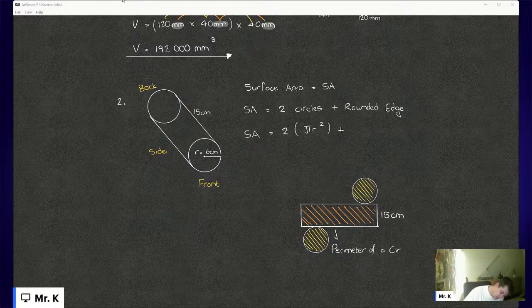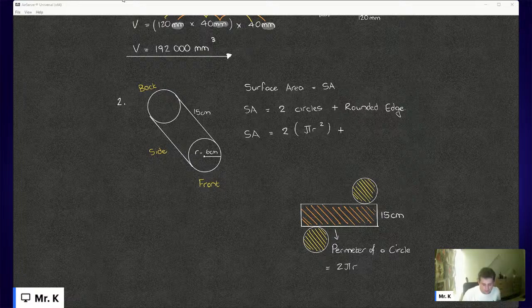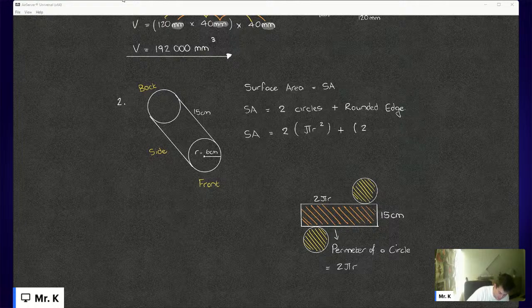So sometimes it might be helpful for you guys to draw out the net of the shape, okay? When we talk about the perimeter of a circle, we talk about 2 pi r. So we already have the two circles. Plus, we need this rectangle, which is 2 pi r long and 15 centimeters wide. 2 pi r times the width, or we can call this the length of our cylinder.